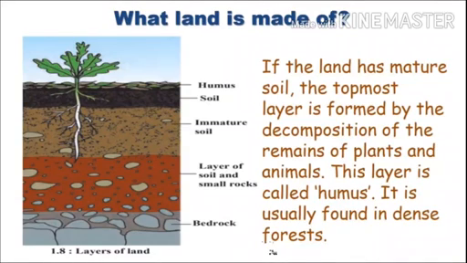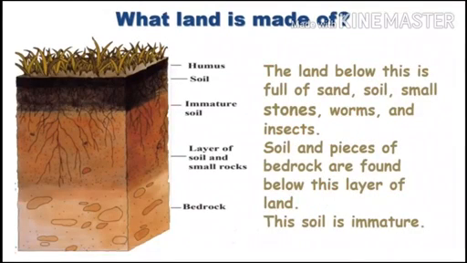It contains leaves and dead microorganisms and organisms. The layer below this is full of sand, soil, small stones, worms and insects. Soil and pieces of bedrock are found below this layer of land.